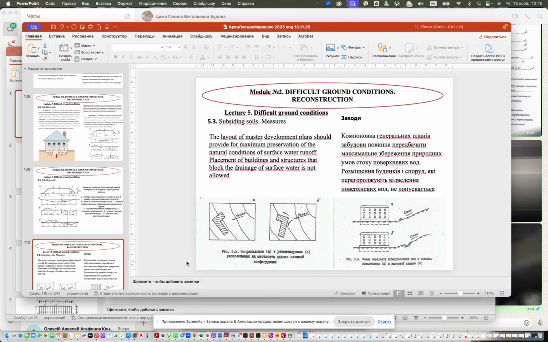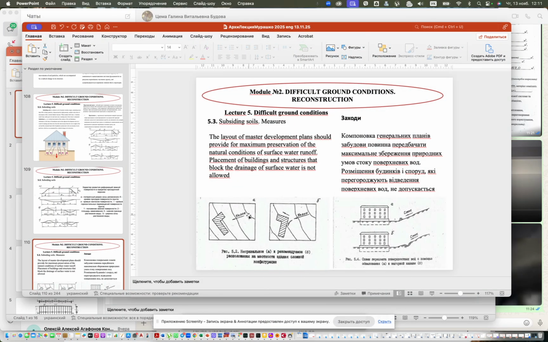And what should we do when we are building on subsiding soil? First of all, it's a correct vertical design. It's a correct master plan design. And here is the problem with the master plan. Sometimes when we are developing a master plan, we cannot take into account that the incline of the surface can lead to the collection of water in inner corners like this.